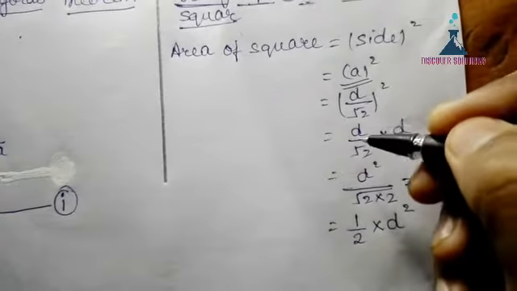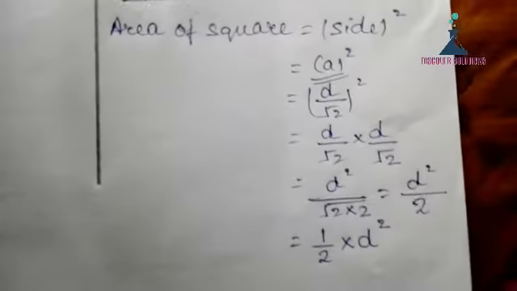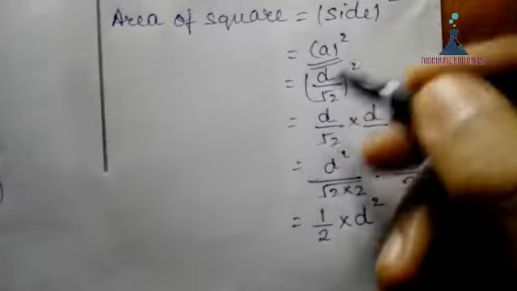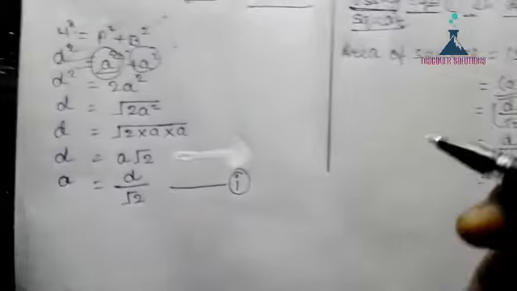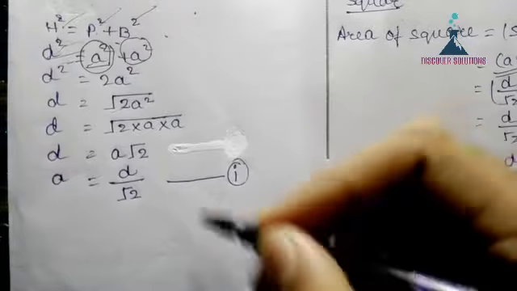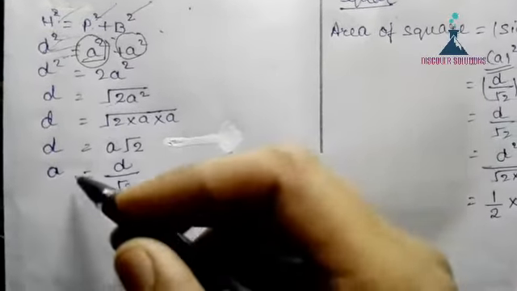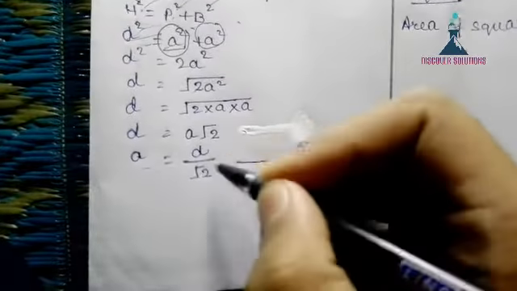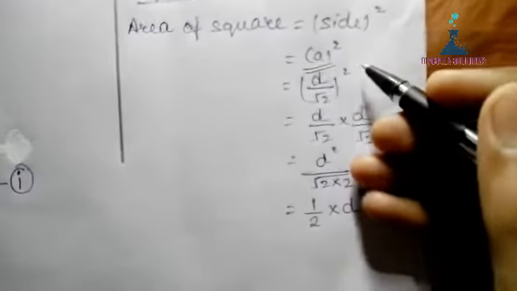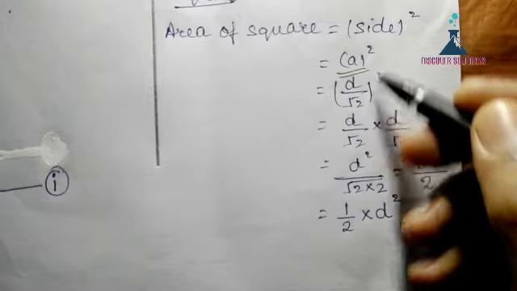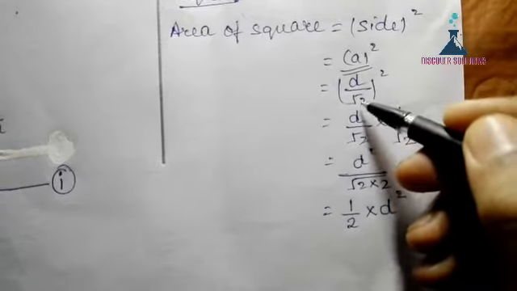Now putting the value of a is equal to d by root 2, as I have found in equation 1, I'm going to put the value of a here. So here a square is equal to d by root 2 to the square.